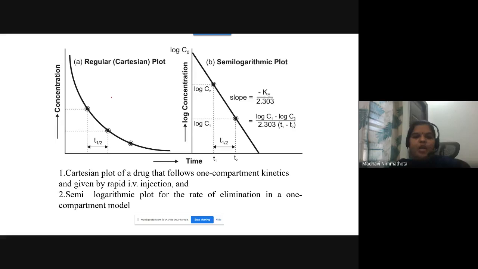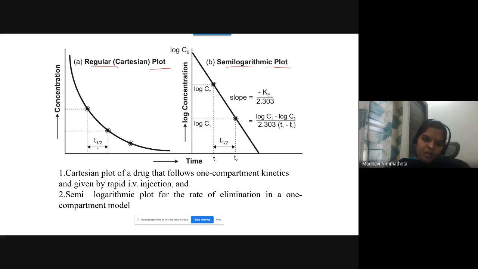See here how the elimination rate constant is obtained from these plots. This is a regular plot or normal graph and this is a semi-logarithmic graph. The Cartesian plot follows one compartmental kinetics and is given by rapid IV injection. See how the graph is like this.